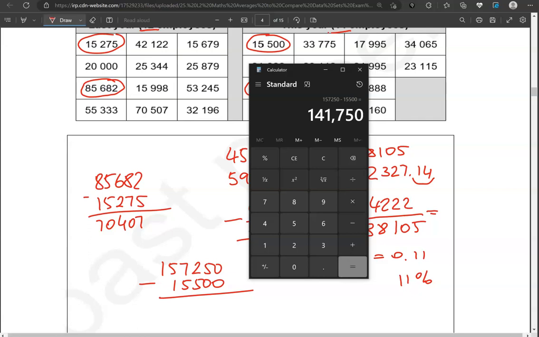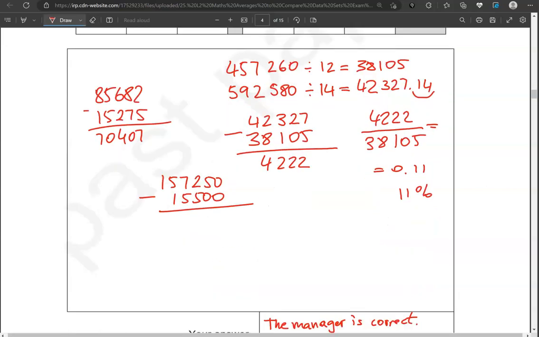Which is 141,750. So the range has increased massively.